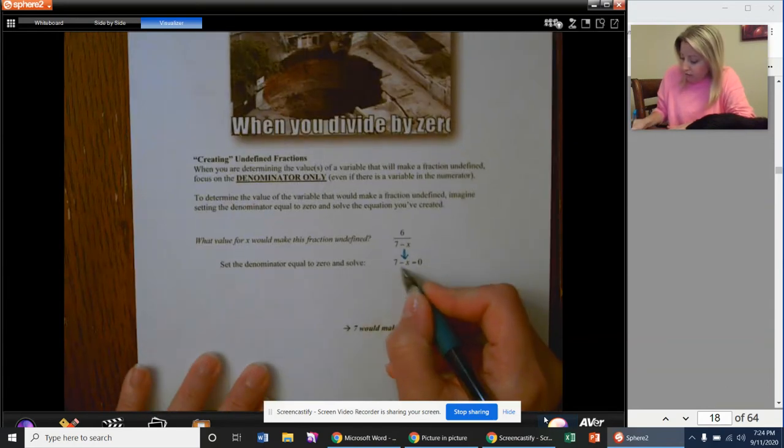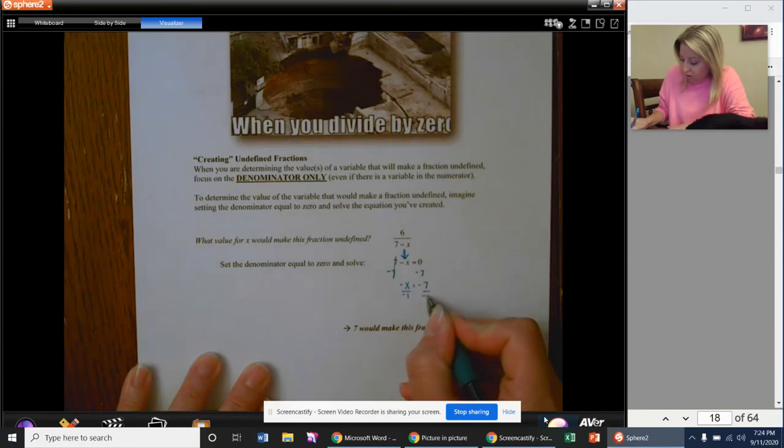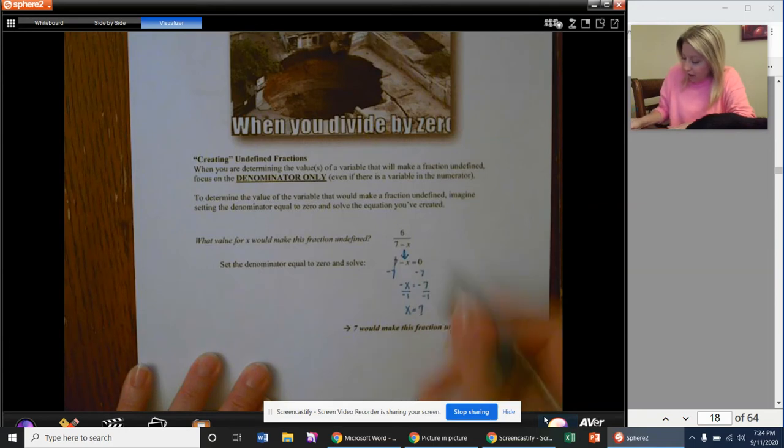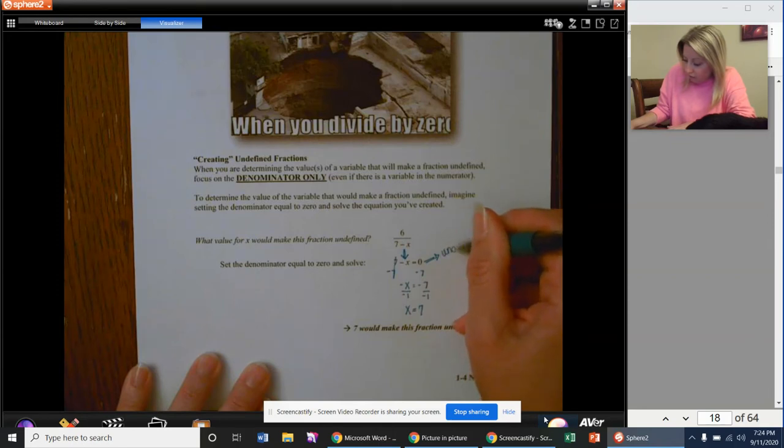So I'm trying to get this x alone. So, okay, let's subtract 7 from both sides. I get negative x equals negative 7. Well, I need a positive x, so let's divide everything by negative 1, and I get that x equals 7. If x equals 7, you're going to get an undefined fraction, right?